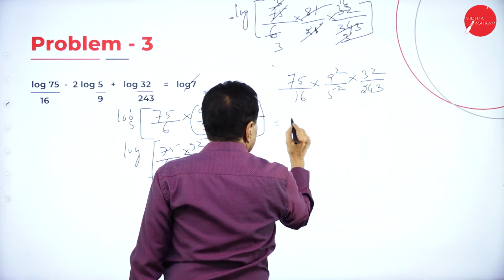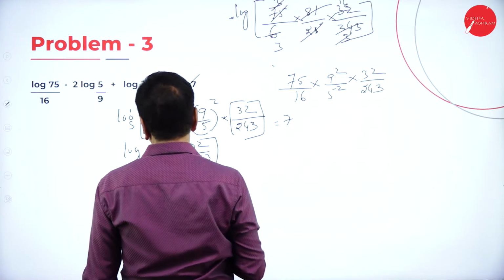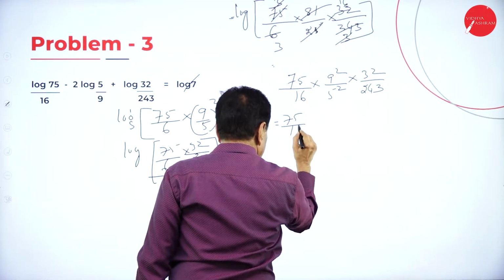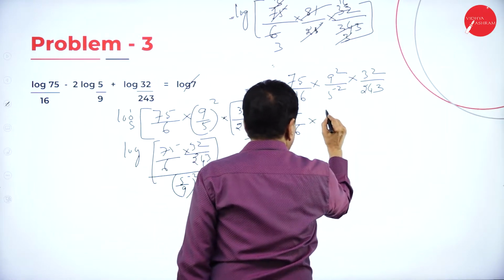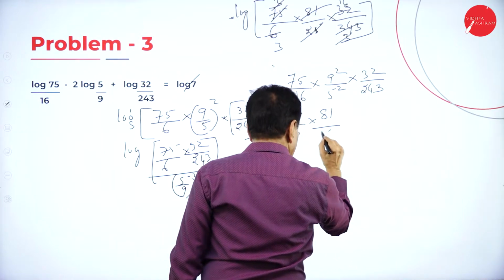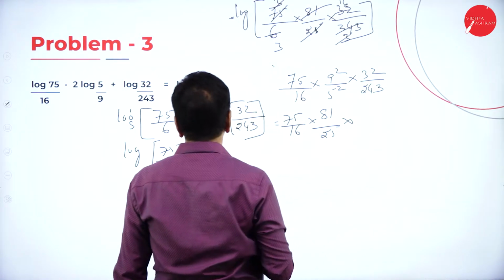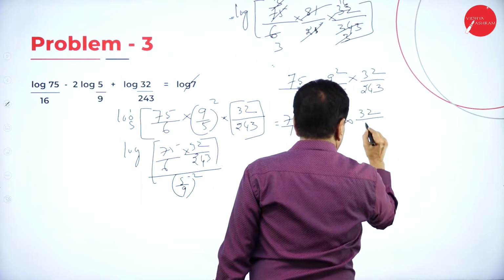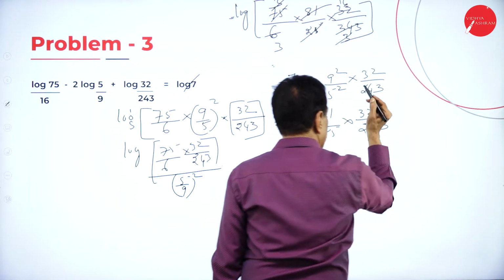This is 75 divided by 16, 81 divided by 25, 32 divided by 243.